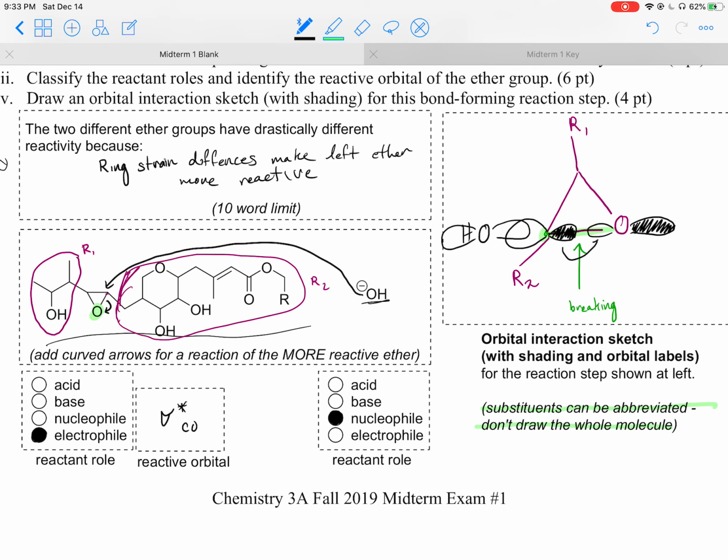We want this to be opposite shading to show that it's breaking. And so this one right here is going to be not shaded, and then we want to show that this right here is forming.